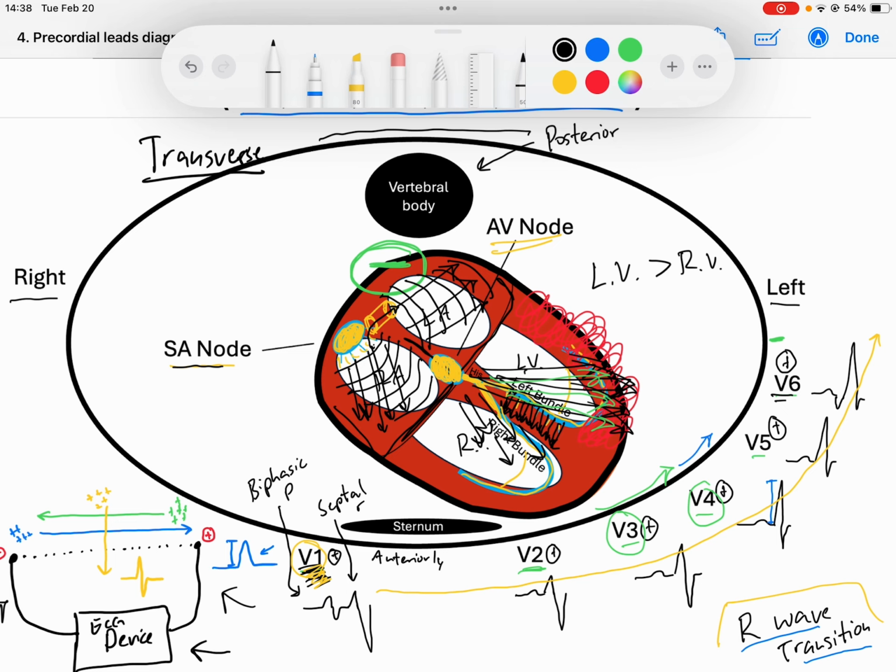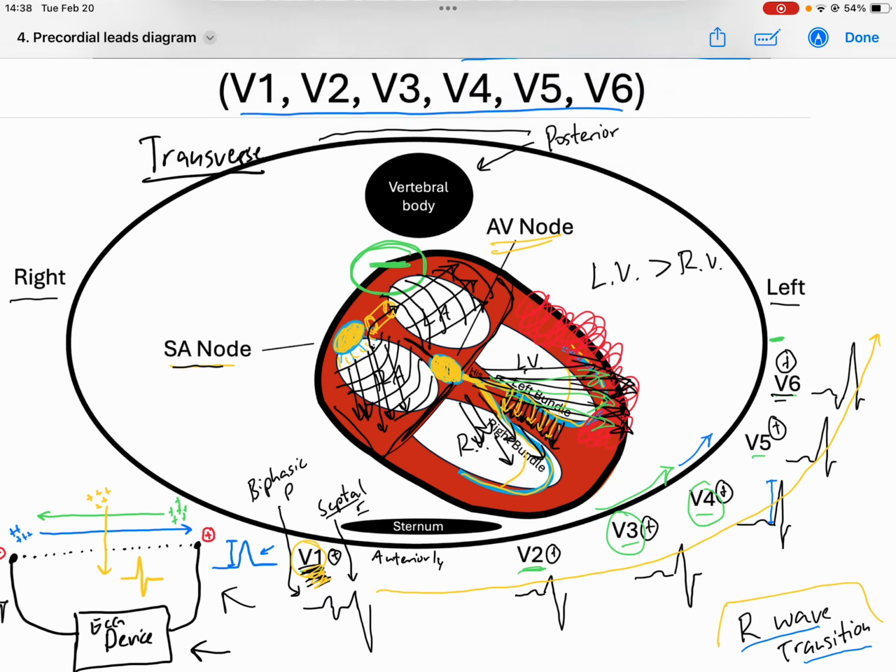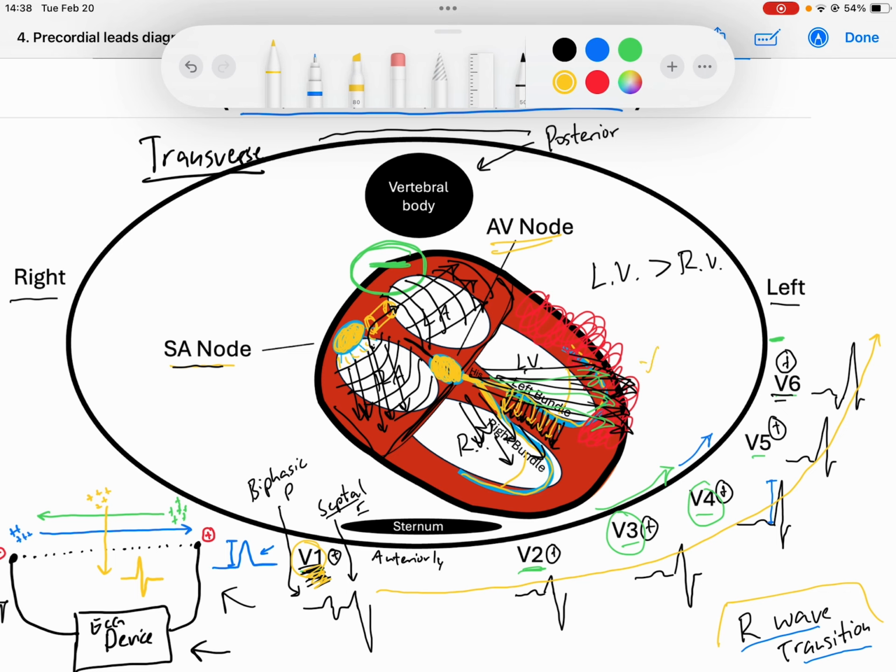We've got a septal R wave here in V1 because the septal fibers are originating from the left bundle, which depolarize from left to right along our small little septum, and so we get small septal R waves in V1. And then those R waves will grow as we move from V2 to V3 to V4 to V5 to V6 as we're starting to capture more of those left ventricular signals, right? And so that's how we get the QRS morphology that we get in V1 through V6.